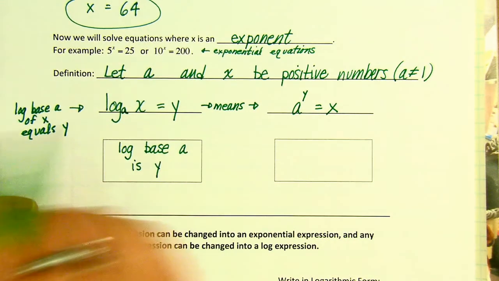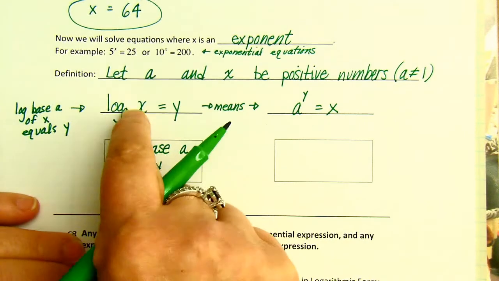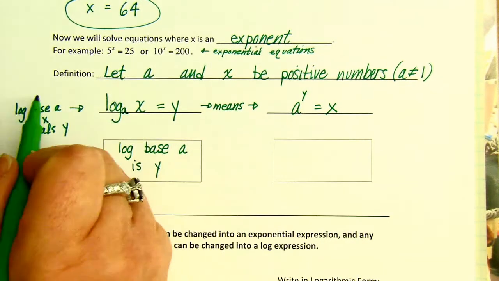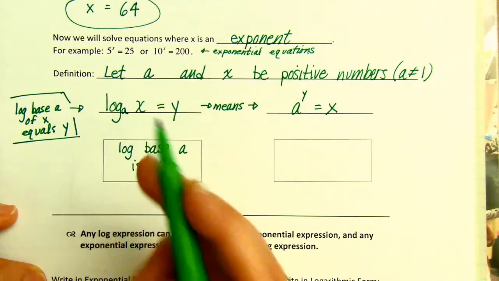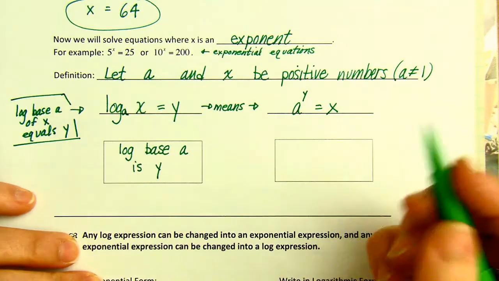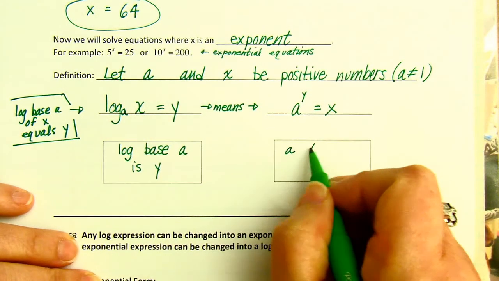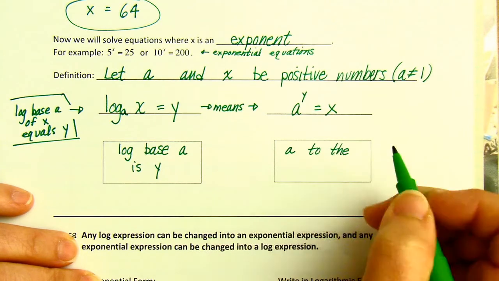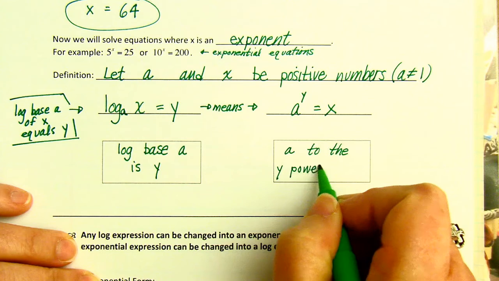All right, but it's log base A of x equals y. Okay, that's how you read that. But there's not always an x here, okay? And so that's why we're putting this like such. All right, this simply means A to the y power is x.